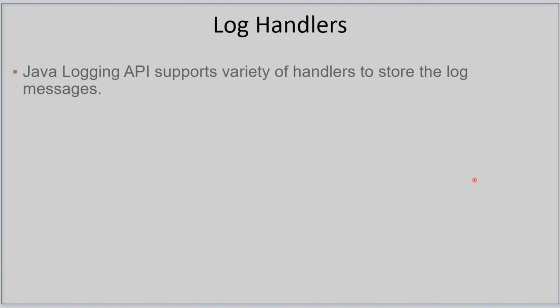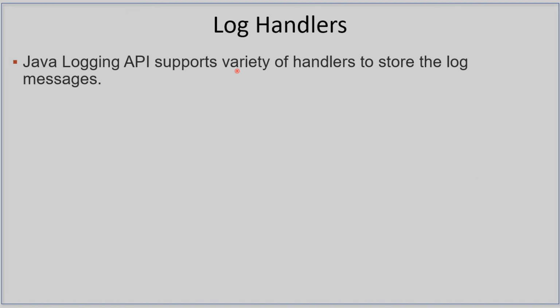So next we talk about the log handler, and the Java logging API supports a variety of handlers to store the log messages. The log message is the data part here, and the handler tells in what medium we want to save the log messages.